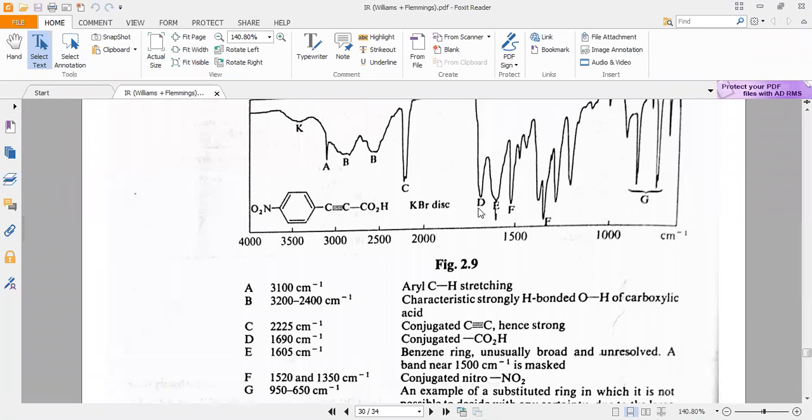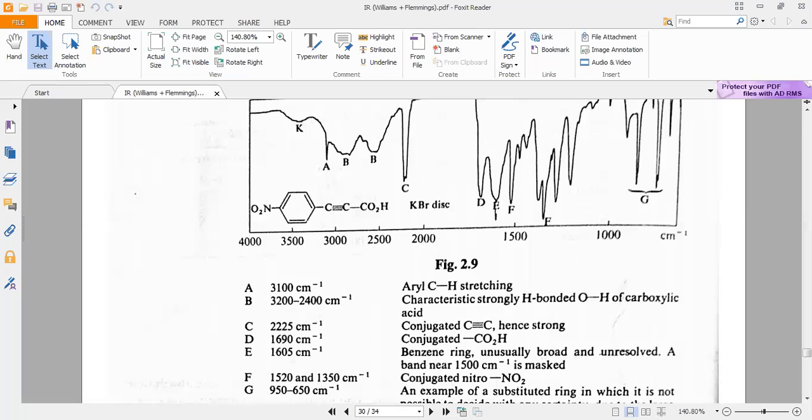This signal is around 1690, 1605. So this is our conjugated nitrogen oxygen double bond, appearing at 1520. So this is F, 1500 something is the signal where we have a nitrogen oxygen double bond appearing in this case.